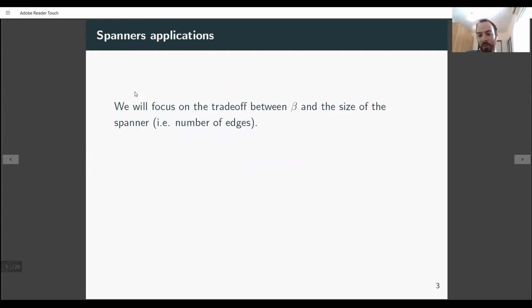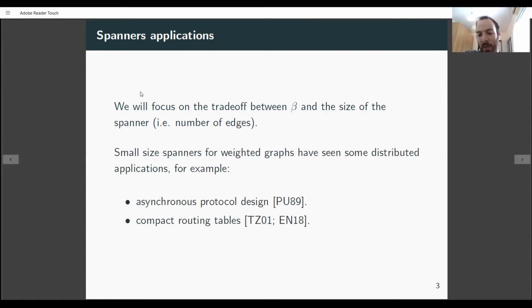In this lecture, we will focus on the trade-off between β and the size of the spanner, that is the number of edges, between order n squared to order n. The reason for that is that small size spanners for weighted graphs have seen some applications in distributed computing.